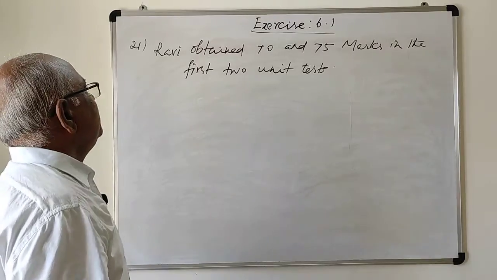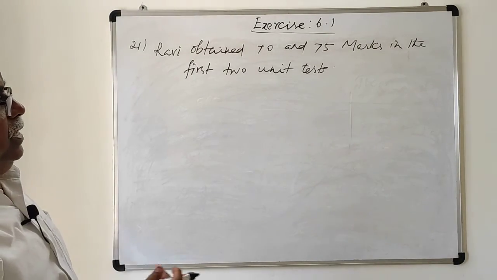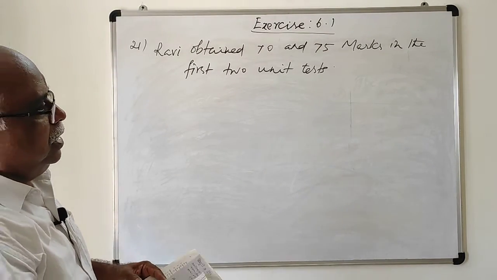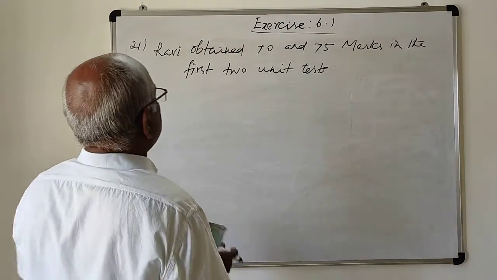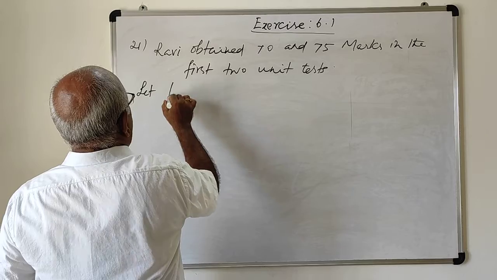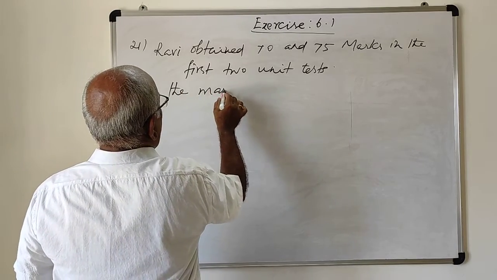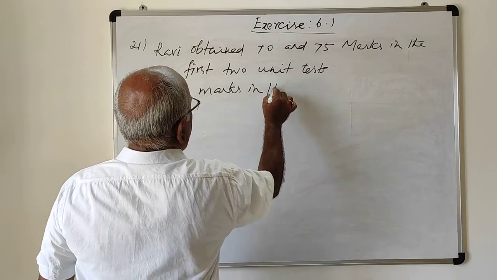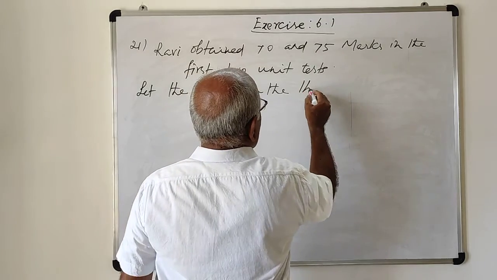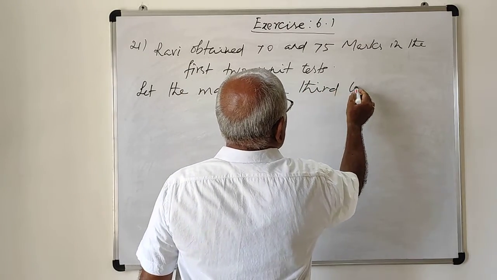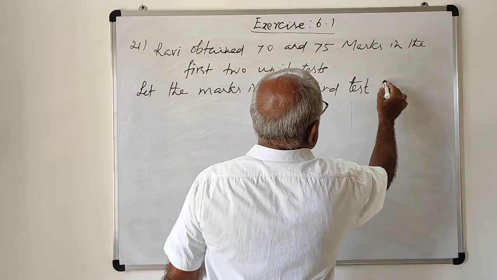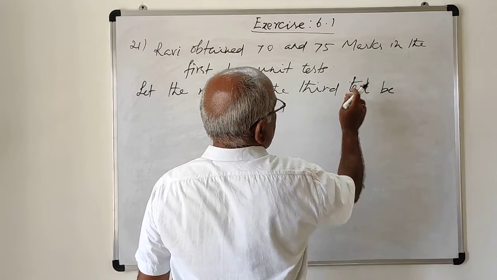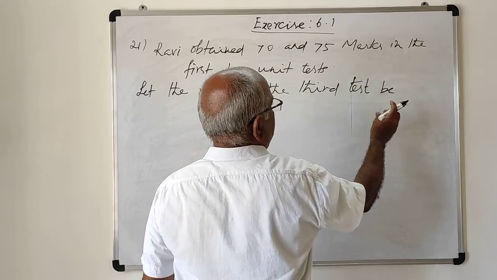What should Mr. Ravi score in the third unit test so that his average marks is at least 60 marks? Let the marks in the third unit test be x.